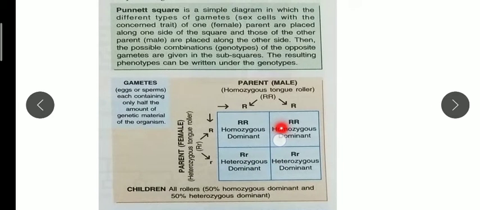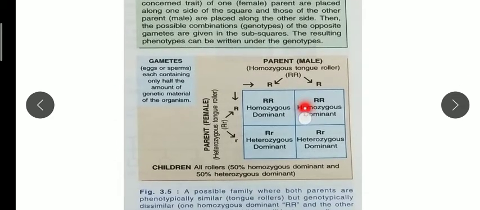So 50% is purely homozygous and 50% is heterozygous. This is the possible combination when we cross the homozygous with the heterozygous.